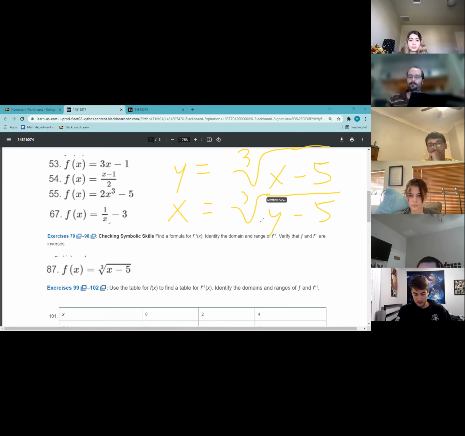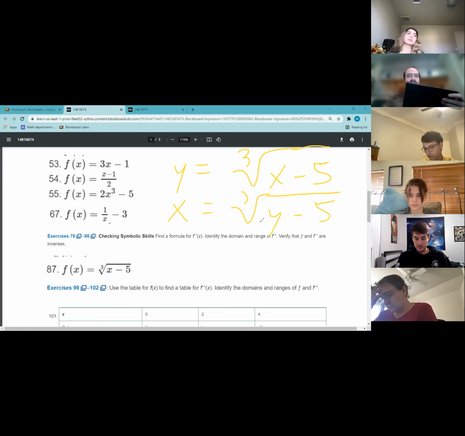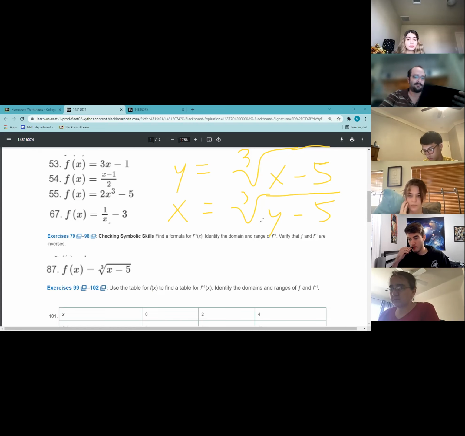Okay. So if I'm plugging something into my y, the first thing I would do is subtract 5. And then I would take the cube root. So if I want to do that backwards, what's the first thing I should do? Do we raise both sides of the equation to the 3?